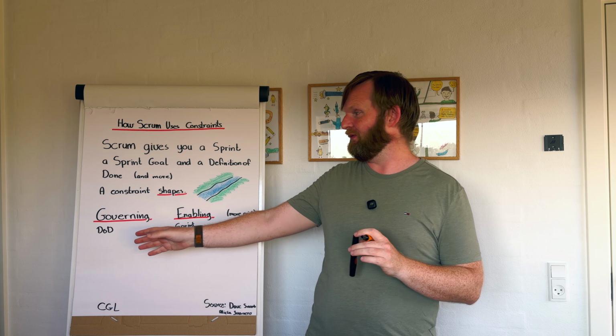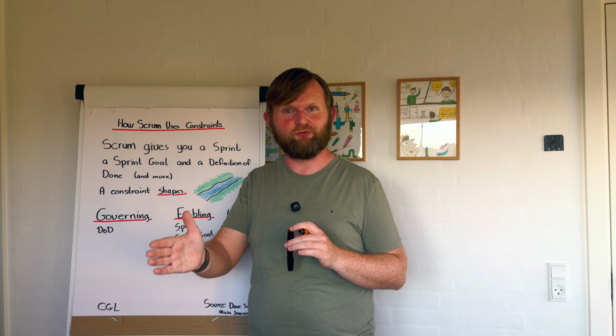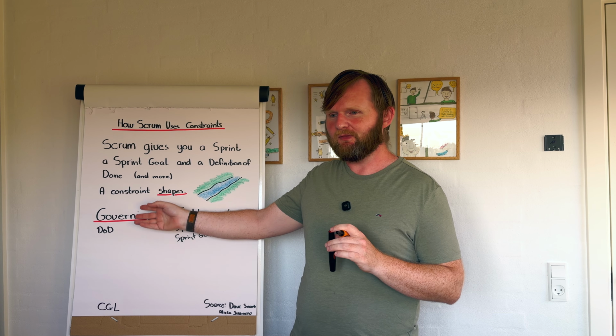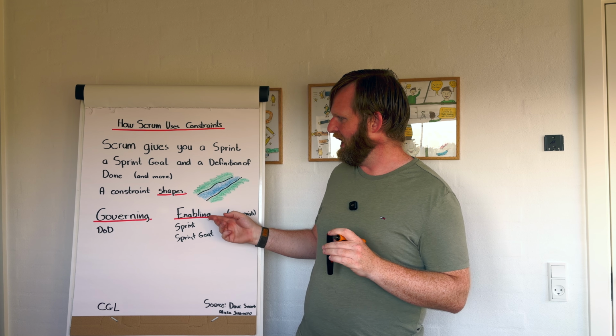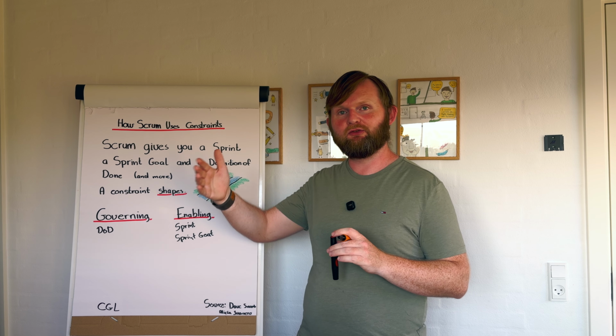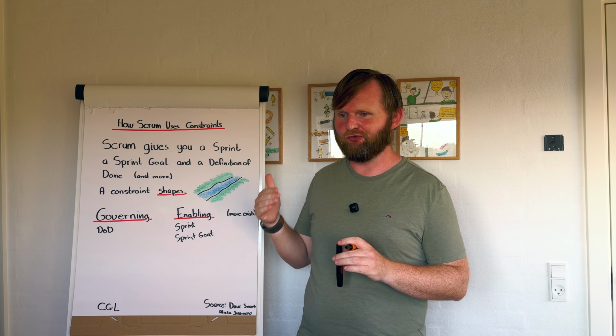We cannot ship something that doesn't live up to the definition of done. That's a hardcore rule, right? So that is a governing constraint. And the difference between these is, back to the river example, enabling constraints give a direction, and a governing constraint really puts a hard boundary. You're not allowed to cross this.